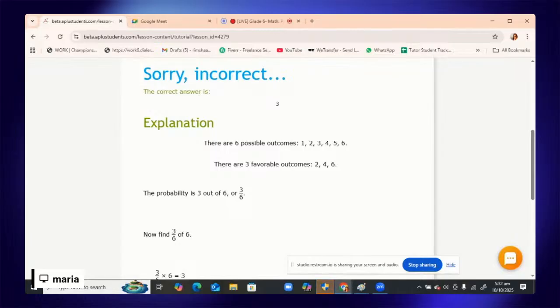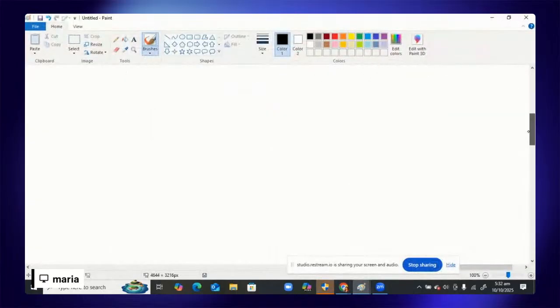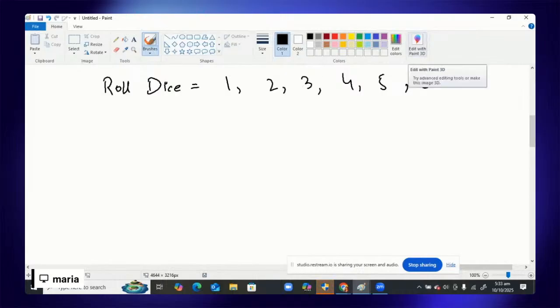First of all, we find the even numbers of that. Okay. Rolling dice, these are numbers 1, 2, 3, 4, 5, 6. 1 to 6 from the rolling dice number.